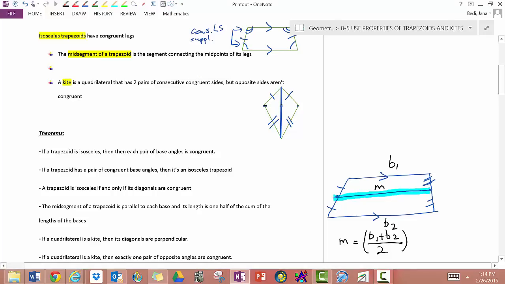Let me redraw that. So the diagonals are perpendicular. Okay, that's pretty close.